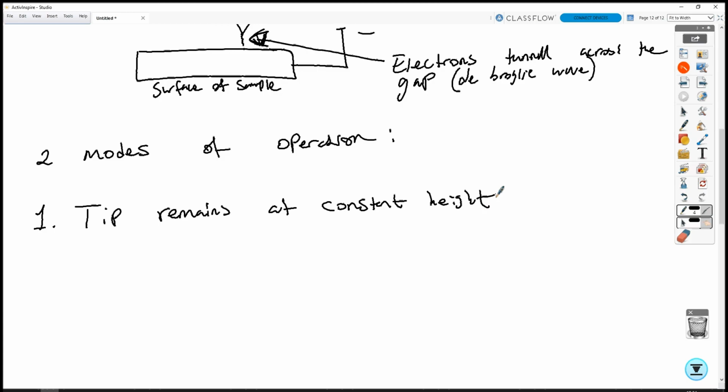So if it remains at a constant height, if we imagine zooming right into a sample, they're not perfectly flat. They have contours in them, little peaks and valleys. So we zoom very, very close to a sample. It could look something like this.